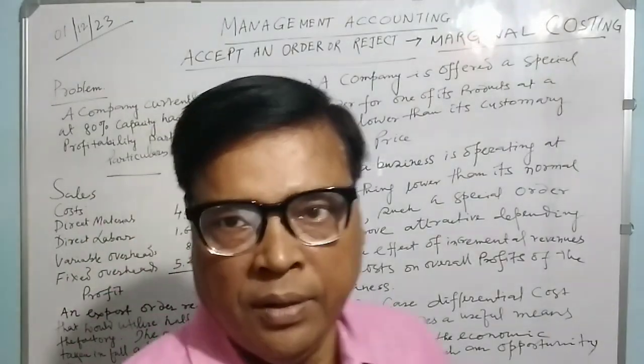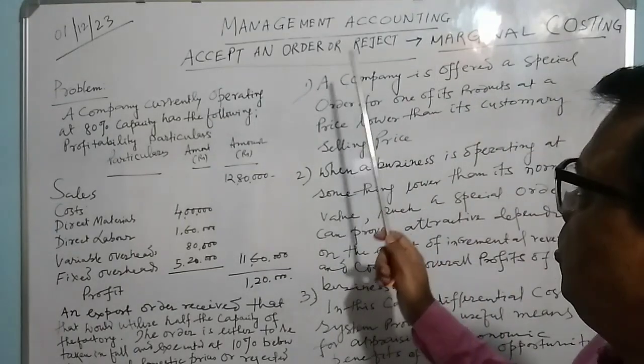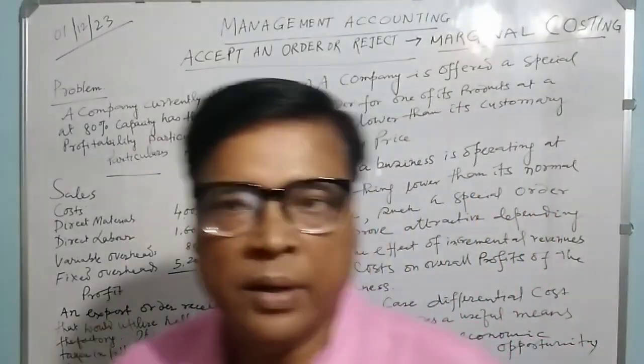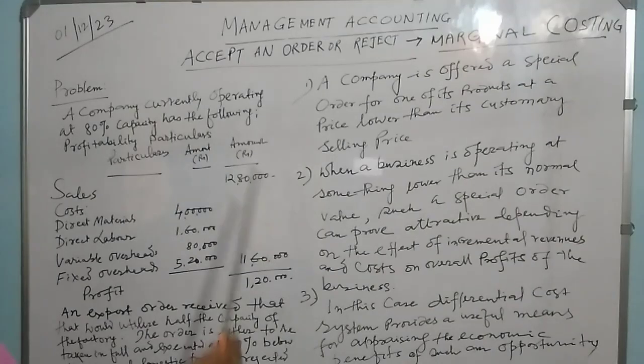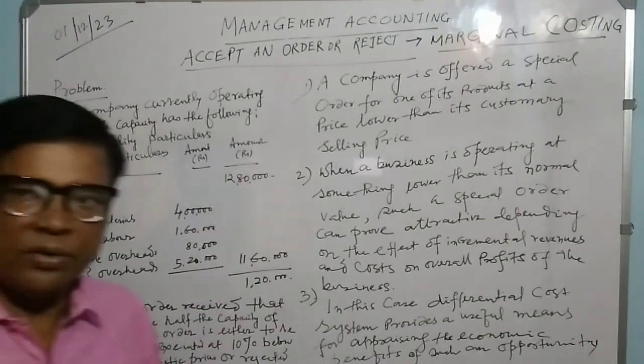Today we will be discussing a new chapter under marginal costing, that is accept an order or reject.